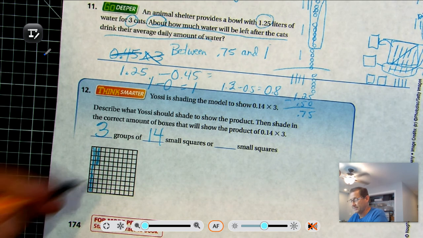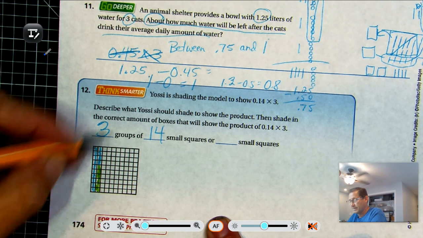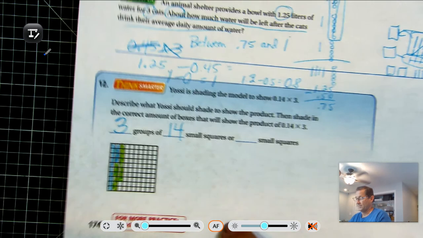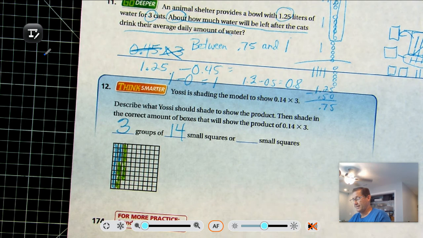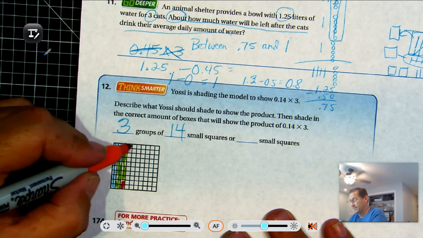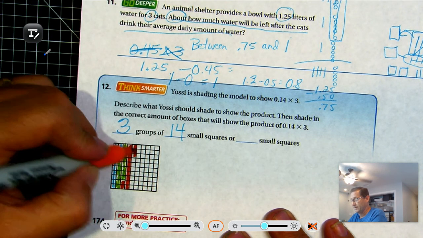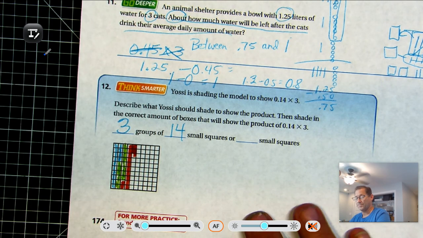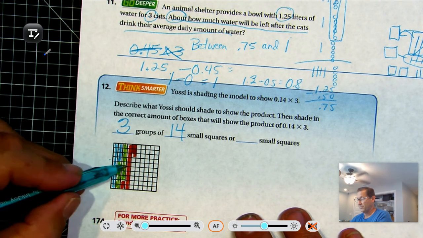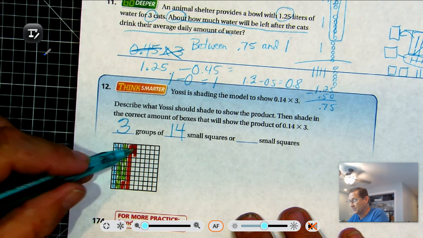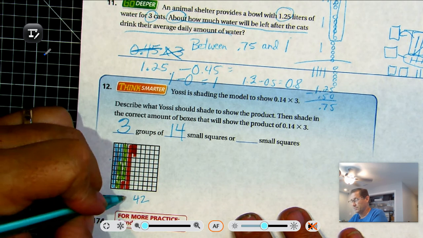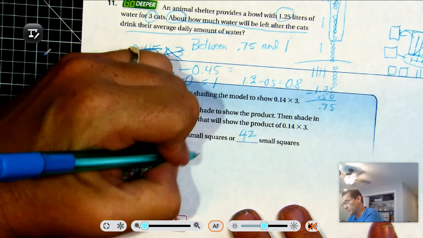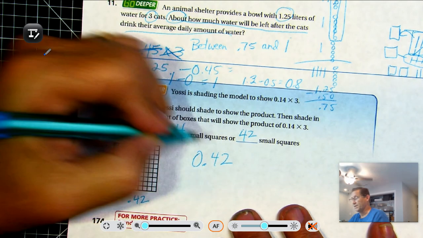There's 6 left here to color, and we need to shade 8 more. That's 14. And then we have 2 here. 10 more would be 12, and 2 in the top. So we have 10, 20, 30, 42 hundredths. So we have 42 small squares or 42 hundredths.